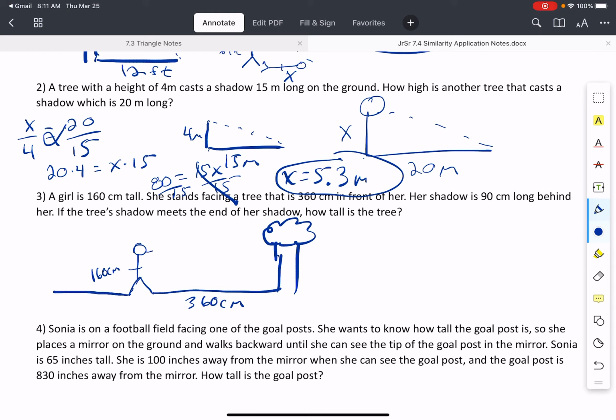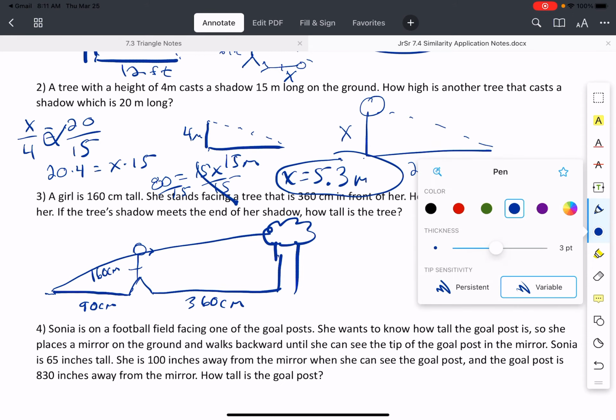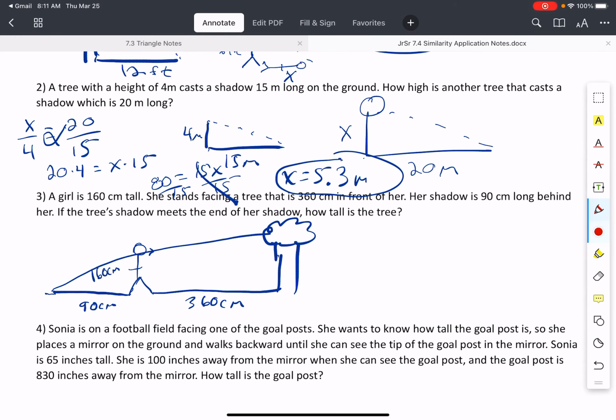Because she's facing this way. She's facing the tree. And then the tree shadow meets the end of her shadow. So the tree shadow is this whole thing.